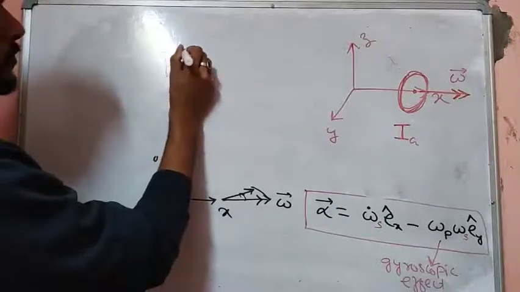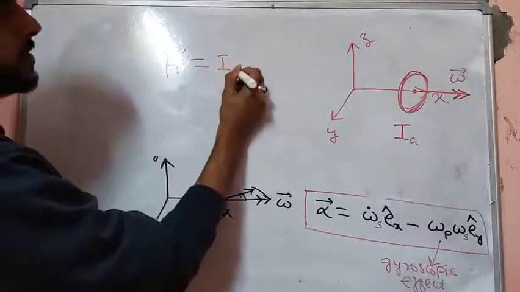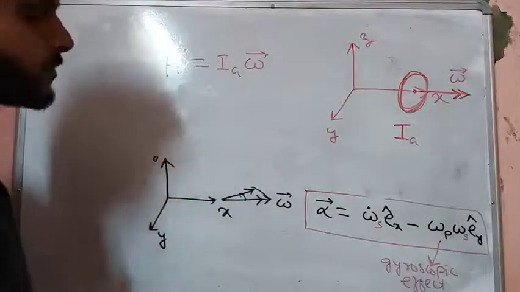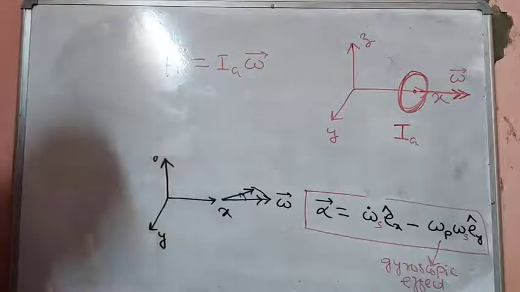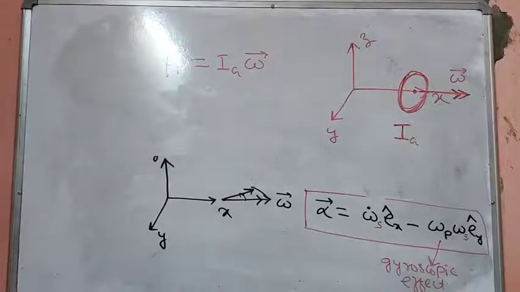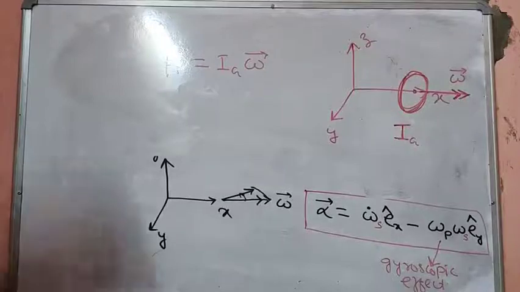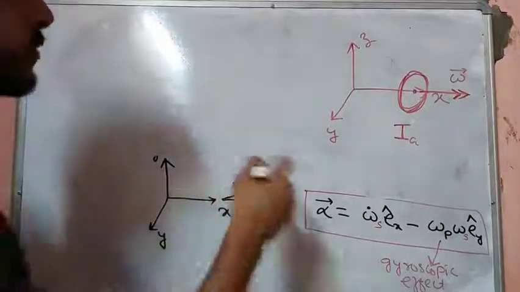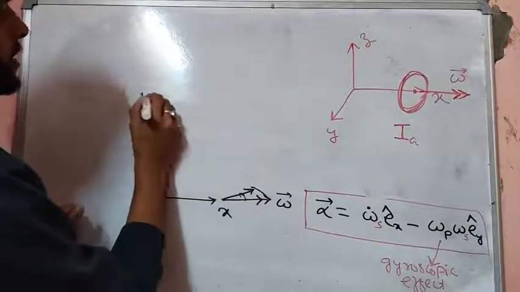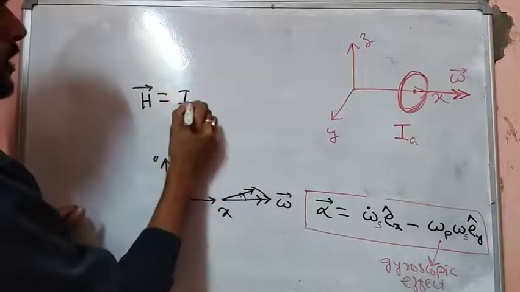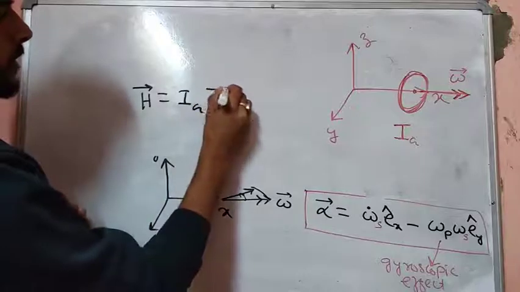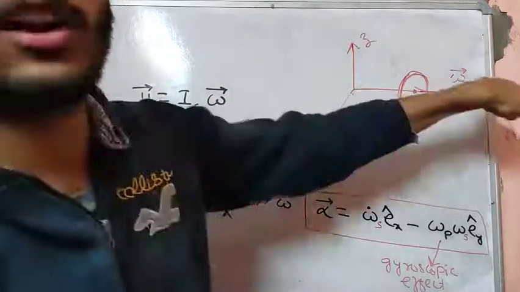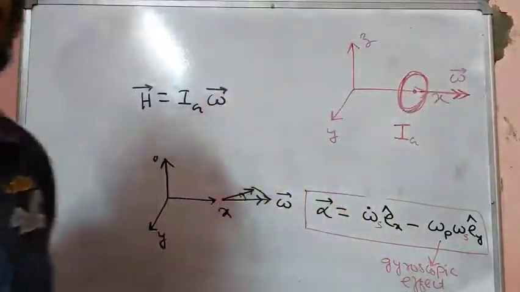The angular momentum H vector is equal to Ig times omega vector, which has a direction along the x direction.